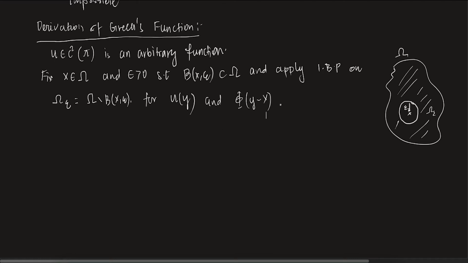So I can use integration by parts, and once you use that, what happens? Integral over omega epsilon of u of y Laplacian of phi of y minus x, minus phi of y minus x Laplacian of u of y, dy. Clear?